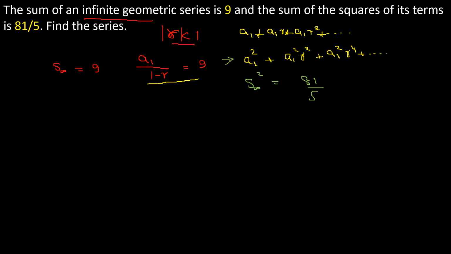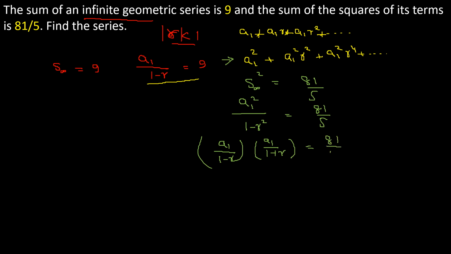So here the first term is what? This is a1 square, and the common ratio is r square, so it will make a1 square over 1 minus r square equal to 81 over 5. And this expression can actually be written as a1 over 1 minus r into a1 over 1 plus r, which is equal to 81 over 5.